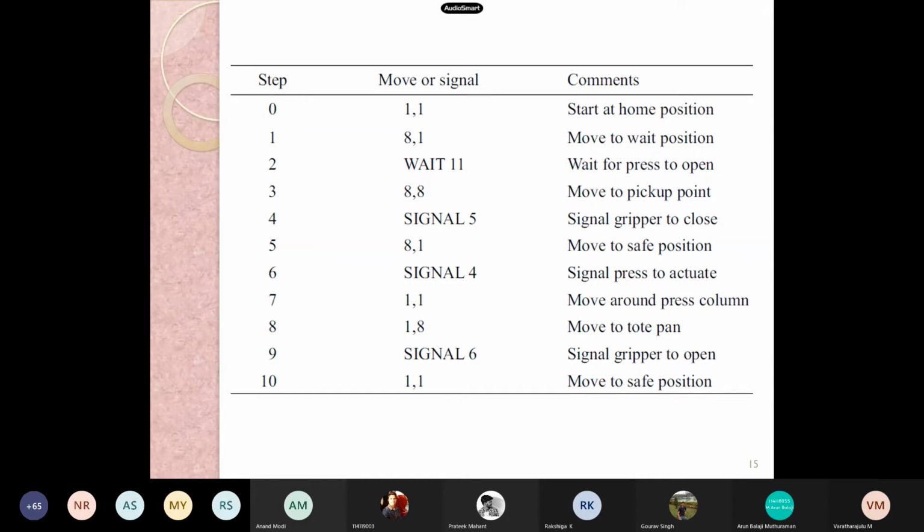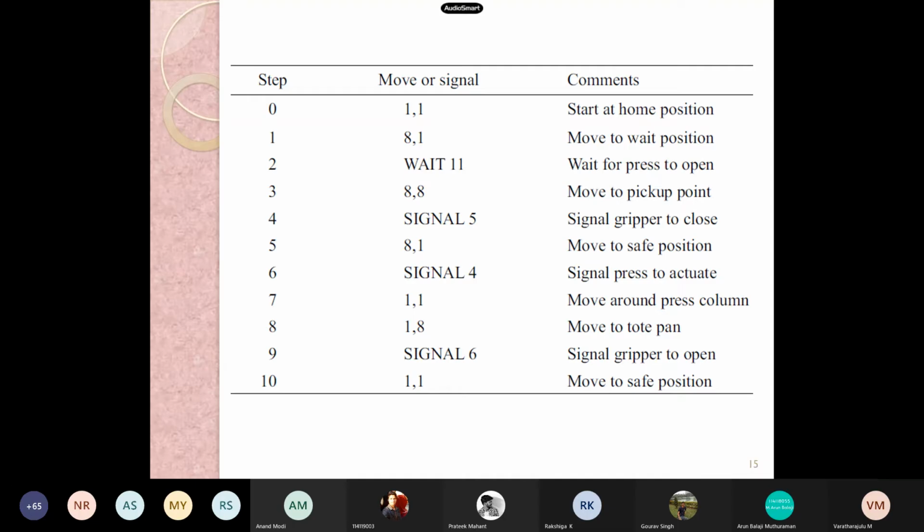I'll explain. Here we will use controller ports 1 to 10 as signal lines and 11 to 20 for wait lines.